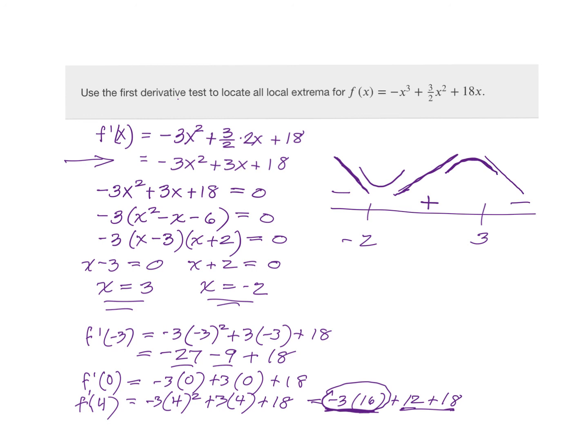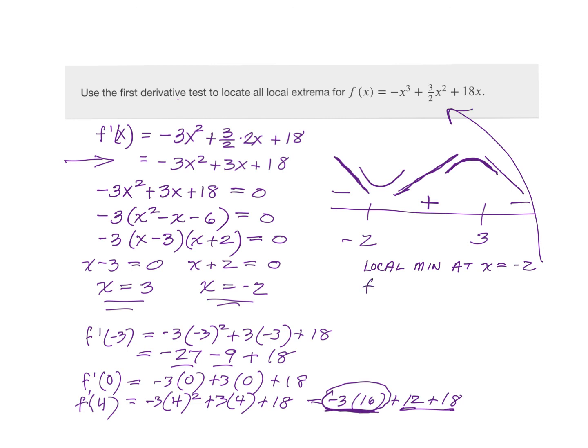And so the way we answer this question is that the local min occurs at x equals negative 2. And then we can find the value of the local min by plugging negative 2 into the original equation.